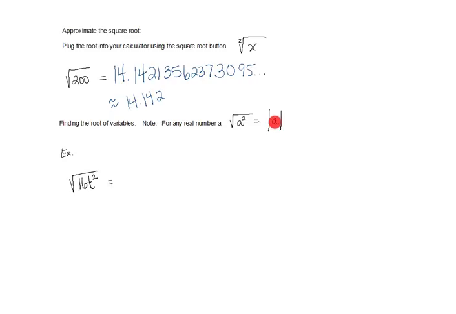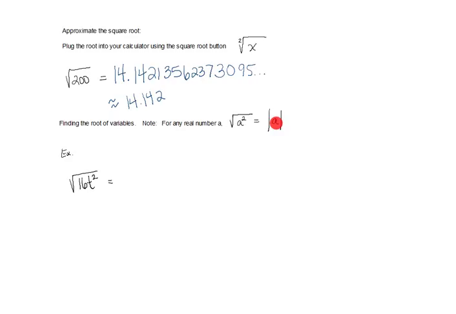So a was negative 1, so the absolute value of negative 1 is 1. Easy thing to remember: take the square root of a number, take any kind of even root of a number, we're not going to get a negative number. So with variables, we have to make sure we denote it with the absolute value.